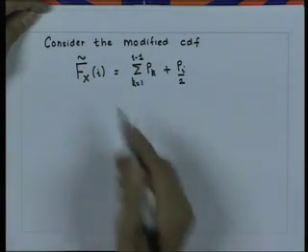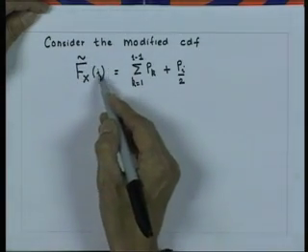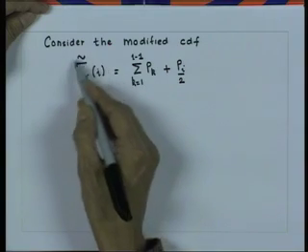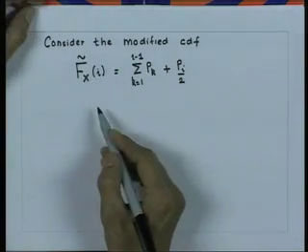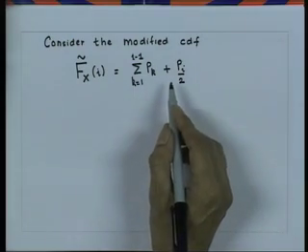The value of the modified F tilde of X at I is the midpoint of the step corresponding to I.